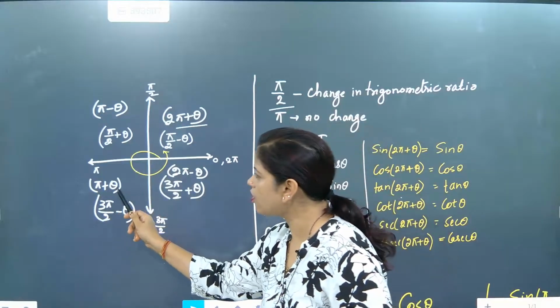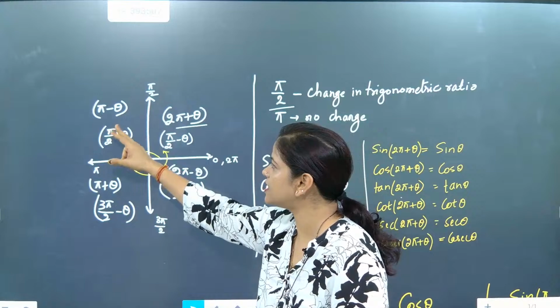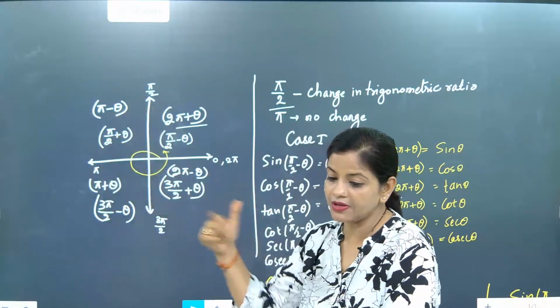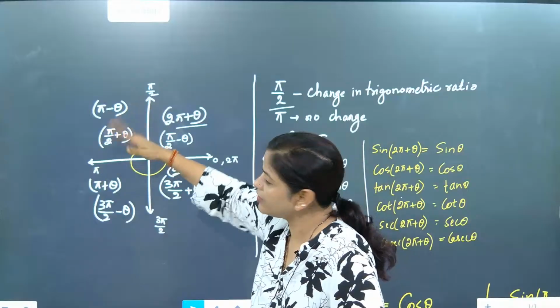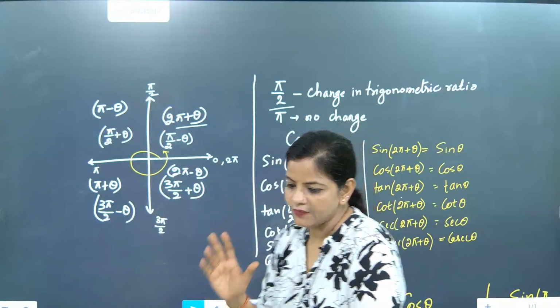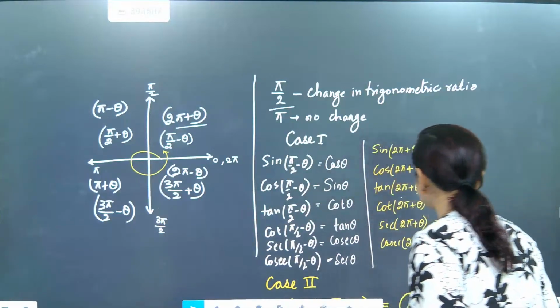So when we are talking about pi plus theta, it is coming as third quadrant. This part pi minus theta is coming as second quadrant. So left of it, the moment we are going, it is exactly coming as pi minus theta. Now we are going to talk about pi minus theta and its values.